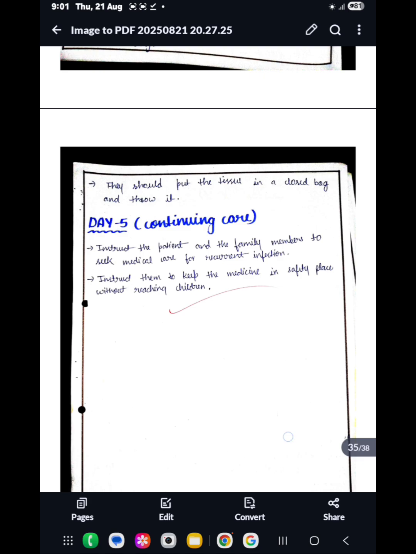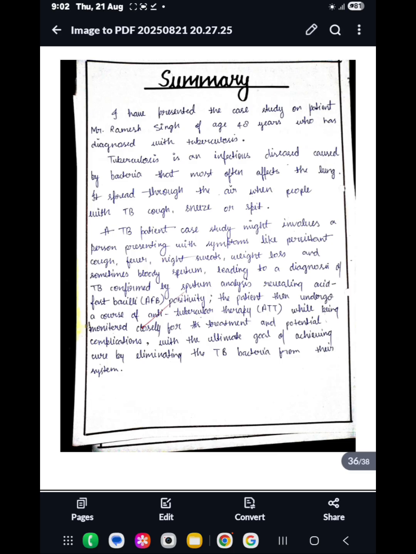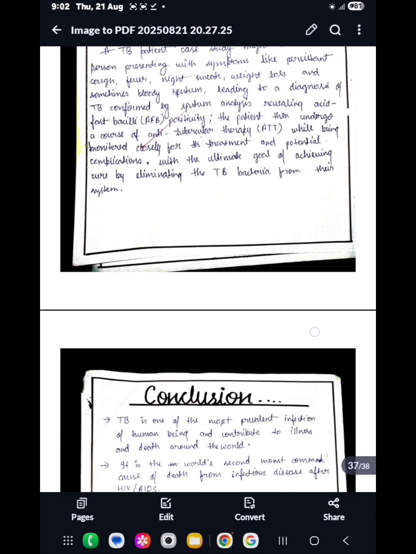And after continued care, in the end we write the summary, from the starting point to the ending point, like Mr. Ramesh is diagnosed with this and with these symptoms, and he went through these diagnostic evaluations, and whether he is good or not.